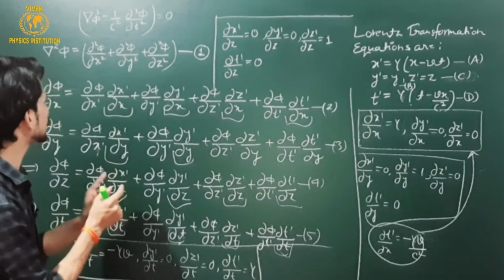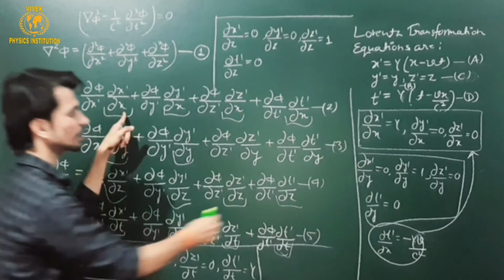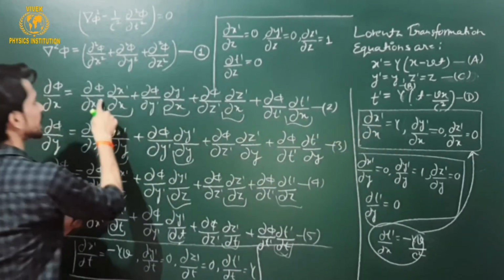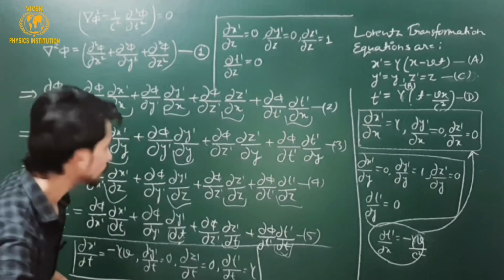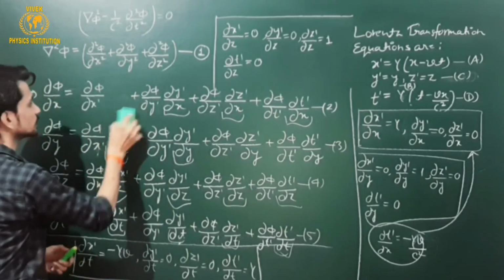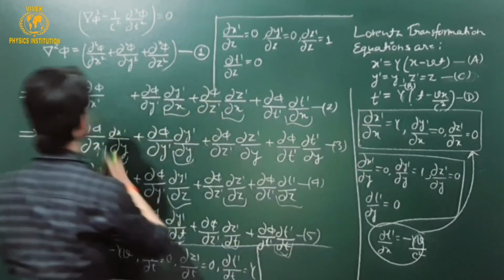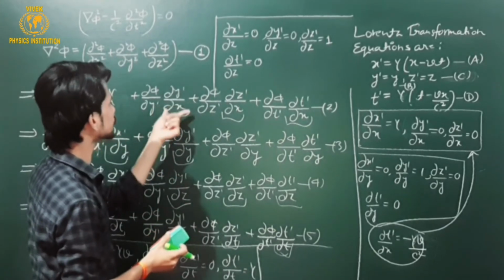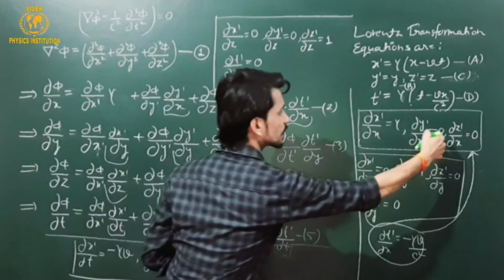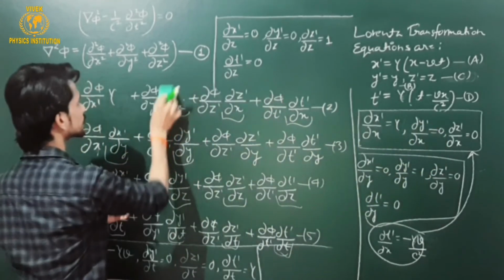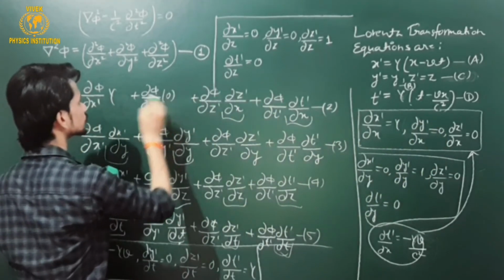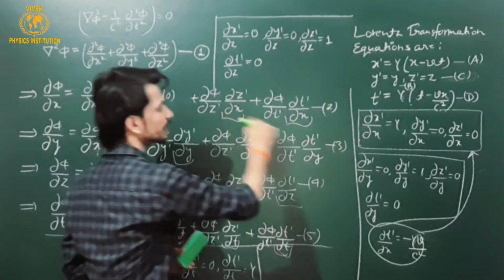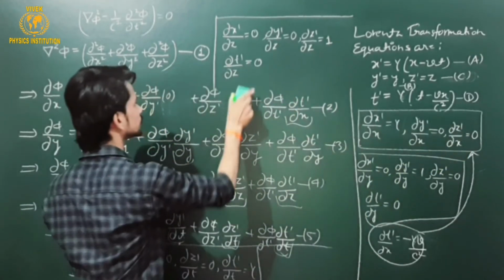When I put the value of del x dash over del x from this equation, I will get this factor as gamma. Del y dash over del x is nothing but, from this equation, 0. So this factor is 0. Again this factor is 0 from this consideration.